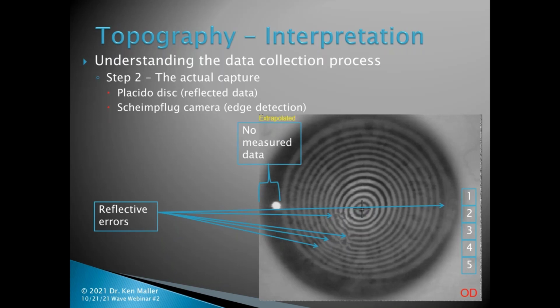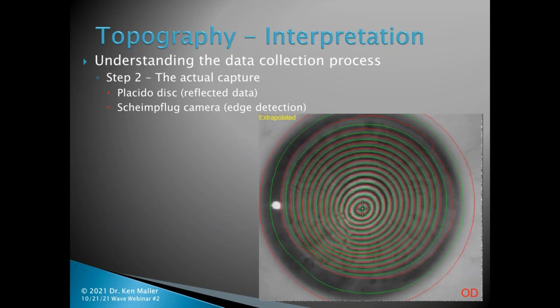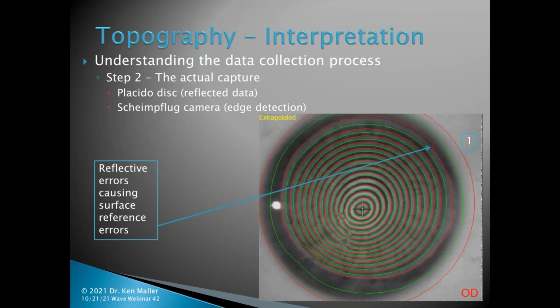So if we take a look at how this is processed forward, this is on a Scout topographer, and the extrapolated rings are over there. But let's take a look and see what actually happens. Those reflection errors caused these inconsistencies in the rings. So we could see there at number 1. Number 2, we have that little bump out on that red ring.